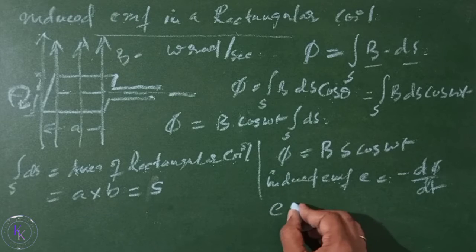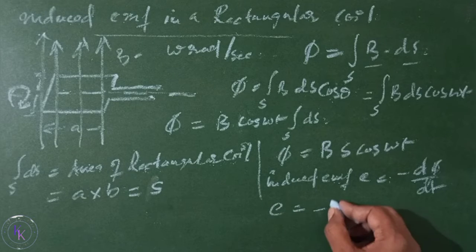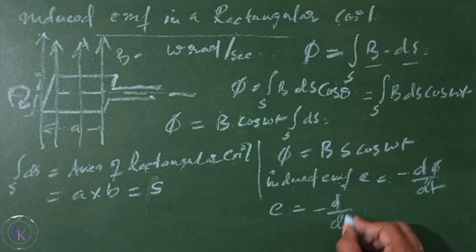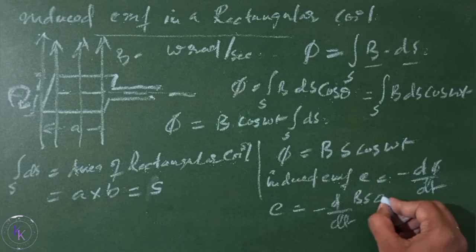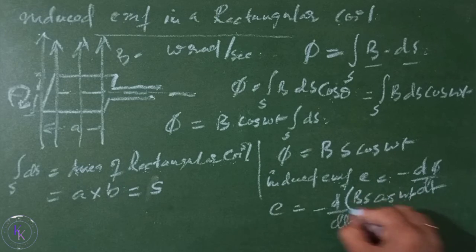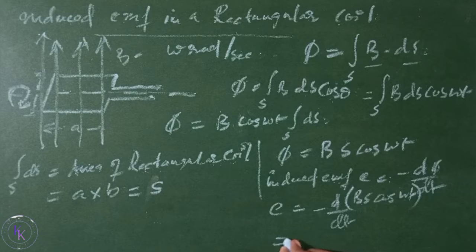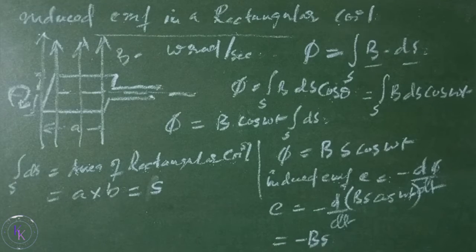So E equals minus d by dt of B S cos omega t. BS is a constant.